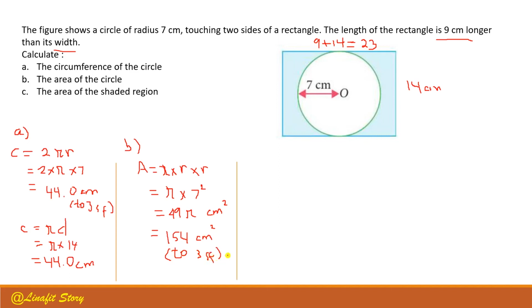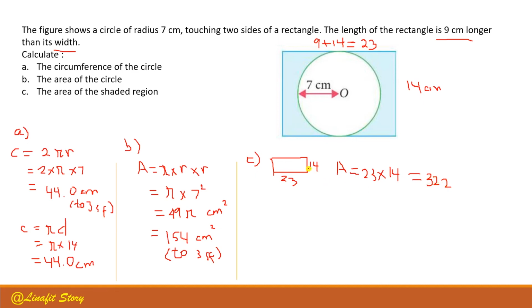Question C. The area of the shaded region. To get the area of the rectangle, it is length times breadth. The length is 23, while the breadth or the width is 14. So the area is 23 times 14, which is equal to 322.